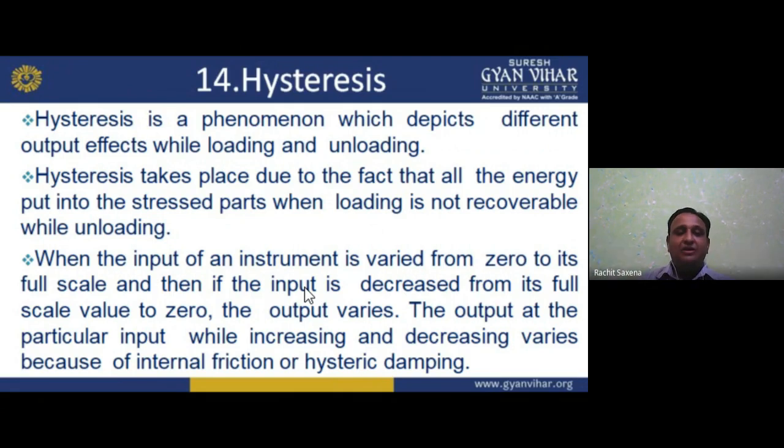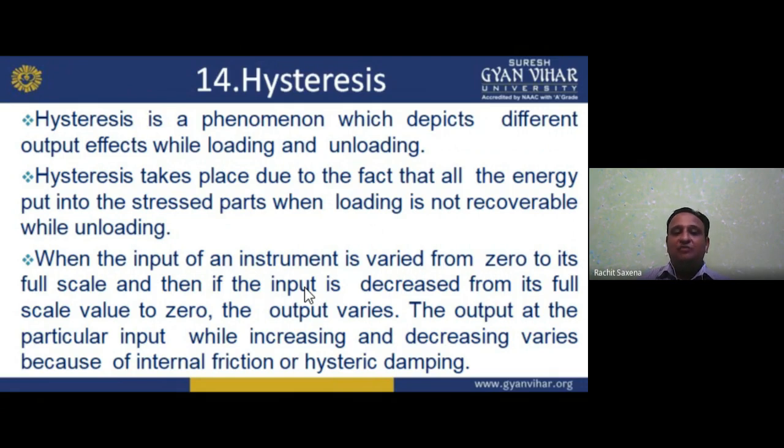It takes place due to the fact that all the energy put into the stressed parts when loading is not recoverable while unloading.